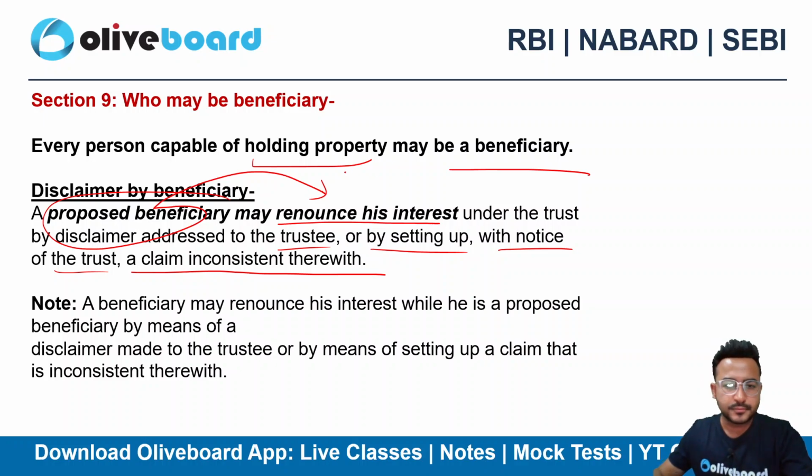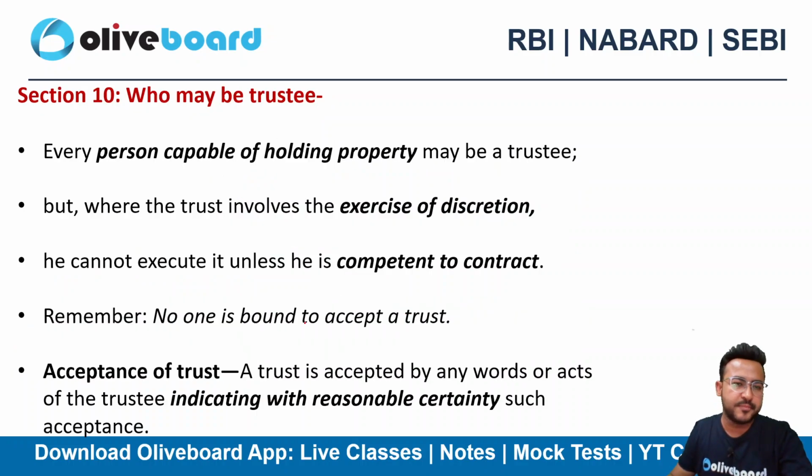Here a proposed beneficiary can also transfer his interest under the trust, but he needs to clearly give the disclaimer to the trustee for the same. A beneficiary may renounce his interest while he is a proposed beneficiary by means of a disclaimer. So he needs to give a disclaimer to the trustee, right, for the same.